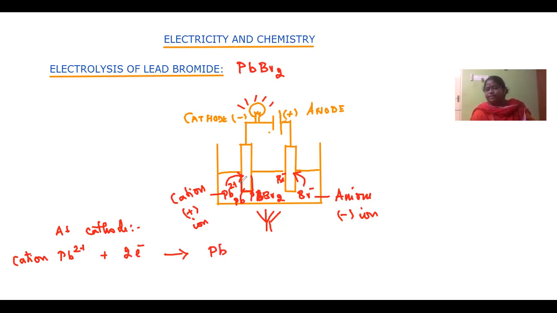The lead settles here, and you can get the lead under the cathode. When an ion gains electrons, you know what that reaction is? Reduction reaction, right? Reduction reaction.